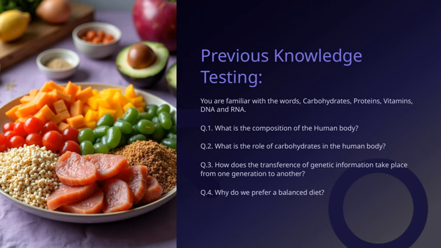And finally, to answer how we transfer genetic information, it happens during reproduction, where DNA from parents combines to form new genetic combinations in their offspring. This process ensures continuity of traits across generations. All these points highlight the importance of a balanced diet in supporting our body's complex functions and maintaining our health.